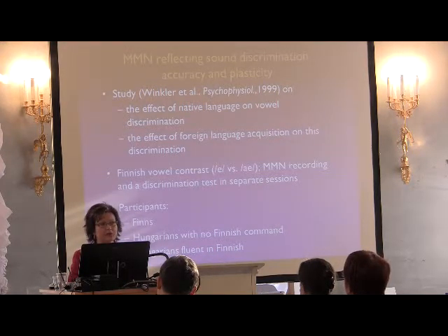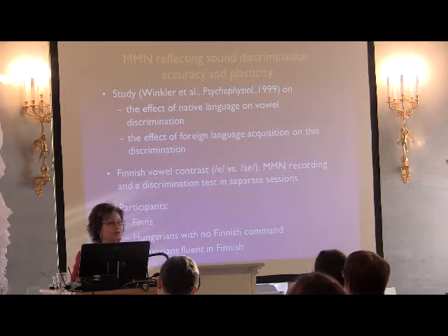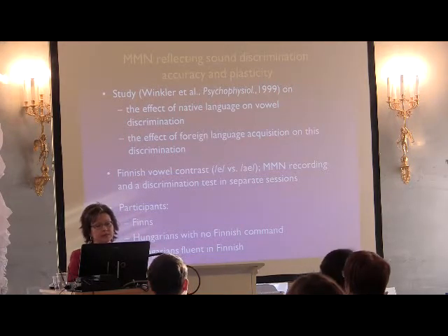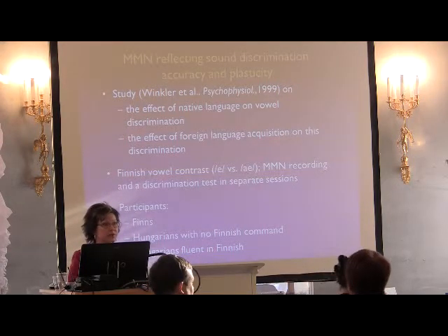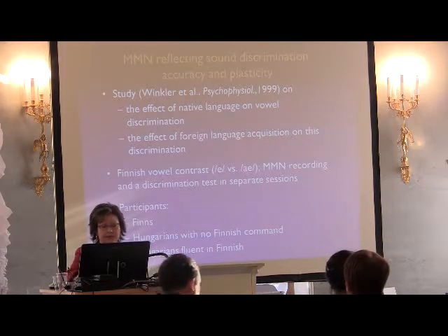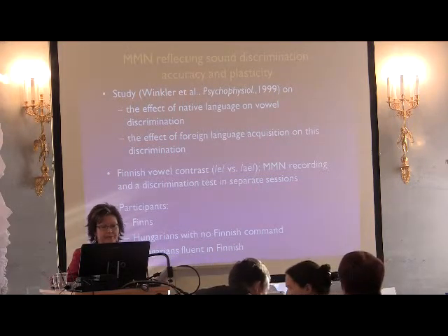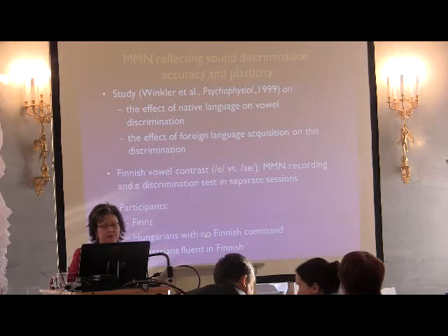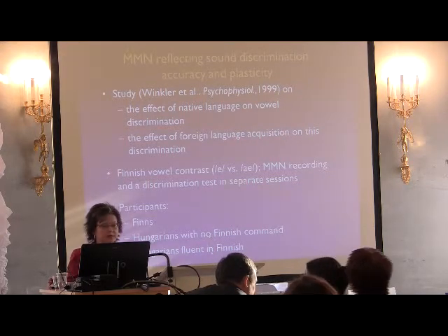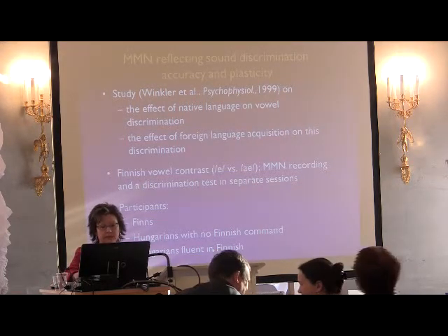And MMN was recorded while the participants were reading a book, not paying attention to the stimuli. And then there was a separate session in which discrimination of these sounds was tested. And participants were Finns, Hungarians who had no Finnish command, and Hungarians who were fluent in Finnish.